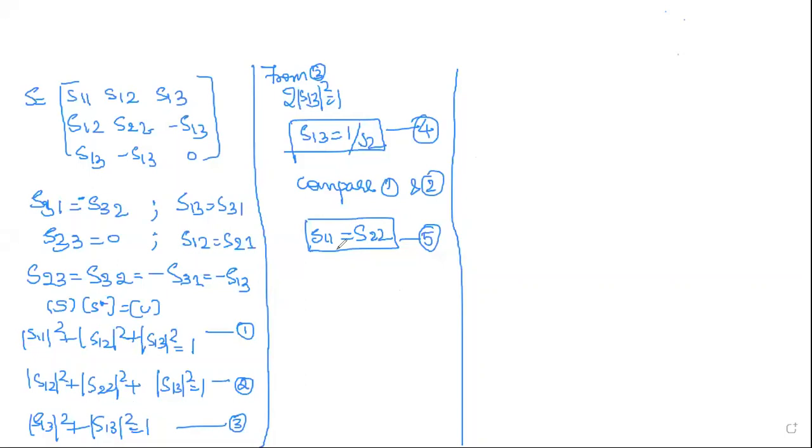Now the next step, what you have to do is consider the matrix, that is S and S star matrix. I want you to refer to the one which you have noted down.